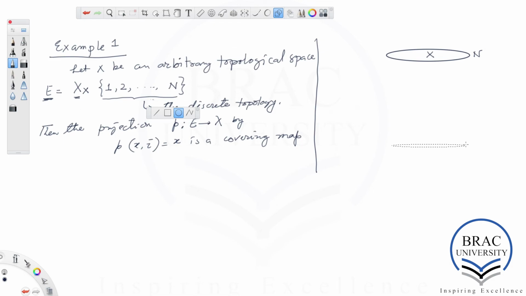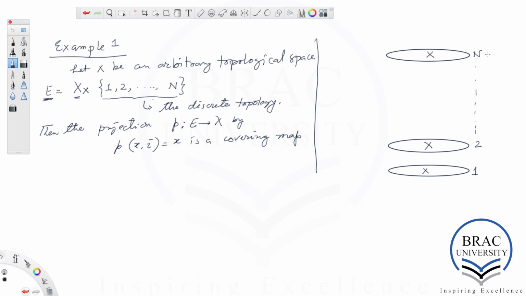It's sort of difficult to center it. Okay, so these are all copies of X. This is the first copy, this is the second copy, and that's the nth copy of X.